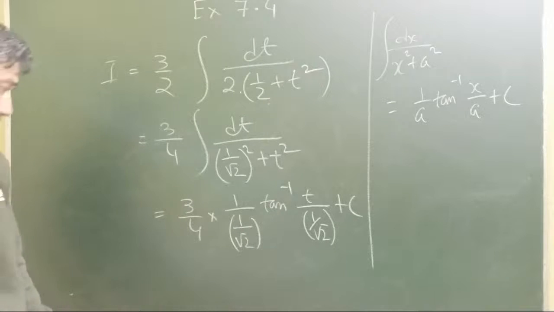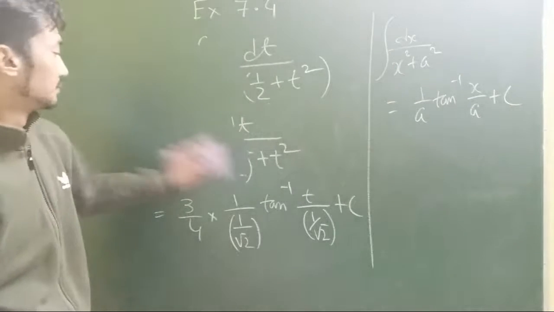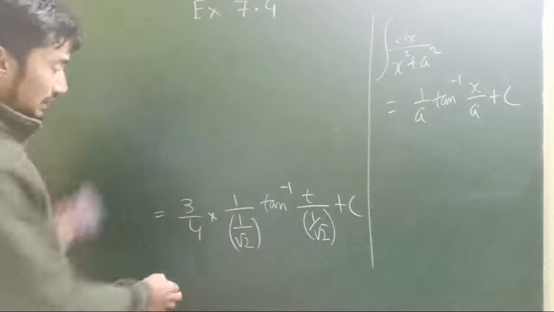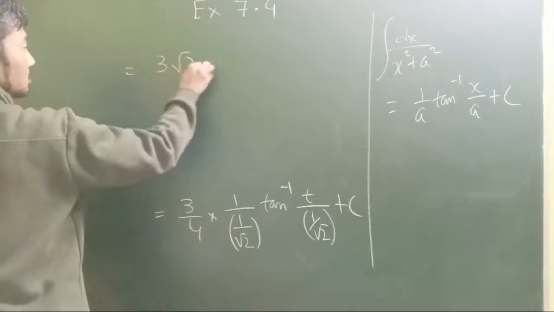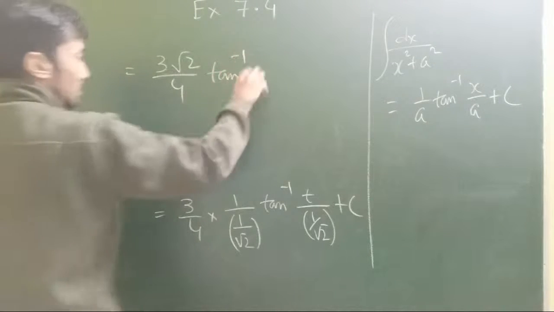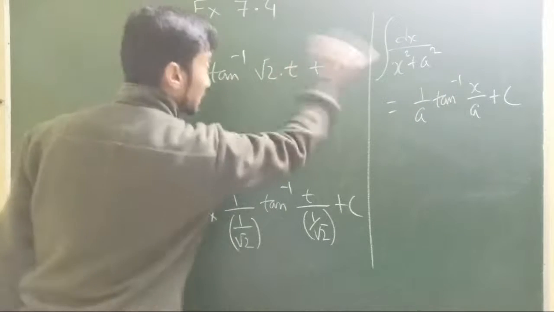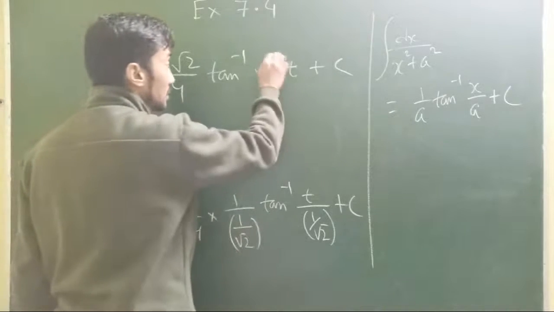Now let's do a little bit of simplification. Because our integration is already done, now just to arrange. So I'll keep everything ready. That is 3 into root 2 by 4, tan inverse root 2 into t. This t is outside the root, okay. Most of the times I've seen students writing root 2t, they will just write like this.